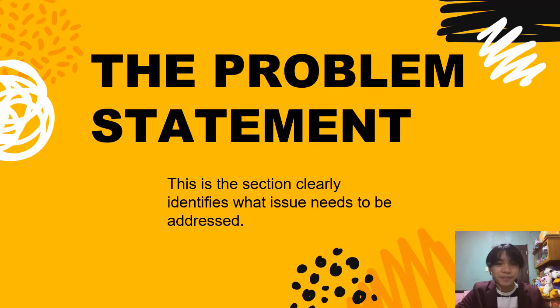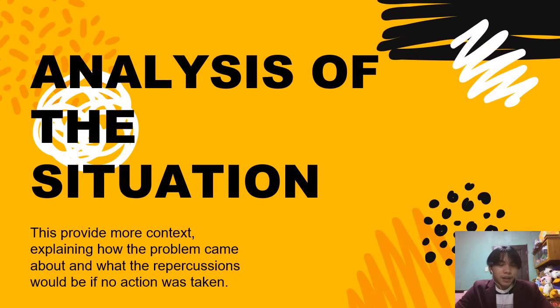Next, now we have the analysis of the situation. This provides more context, explaining how the problem came about. It is related to the statement of the problem and is a continuation of it, because in strategic management, situation analysis refers to a collection of methods that managers use to analyze an organization's internal and external environment to understand the organization's capabilities, customers, and business environment.